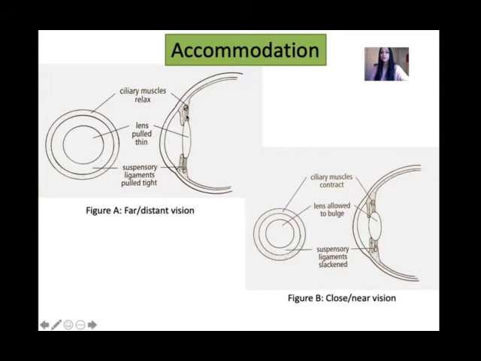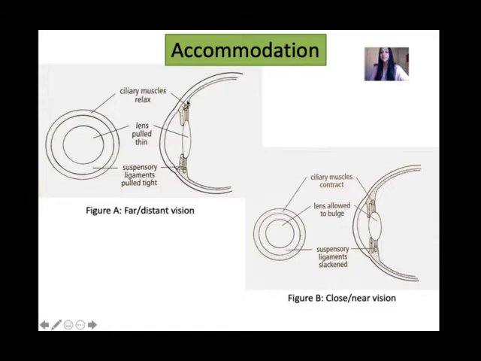In front of it will be the suspensory ligaments that's joined to the muscle or attached to the muscle. And then in front of the suspensory ligaments we get our lens. The suspensory ligaments are taking my lens and attaching it to the ciliary muscle. What is my suspensory ligaments doing? It is taking my lens and attaching it to my ciliary muscle.